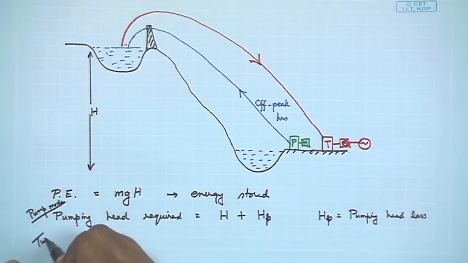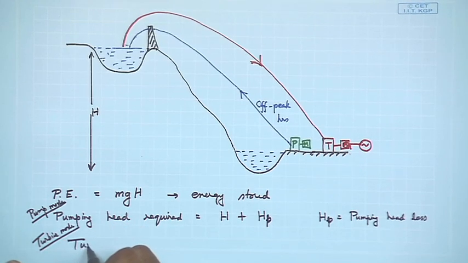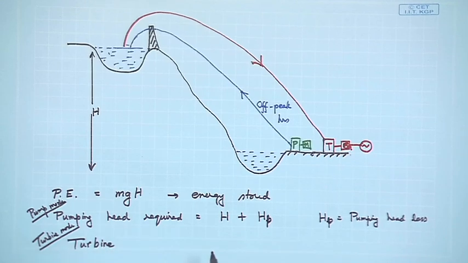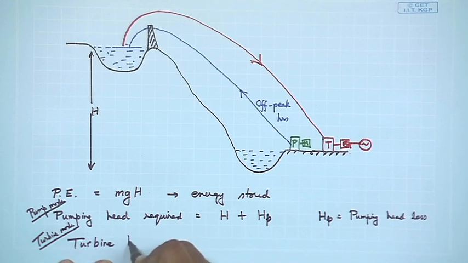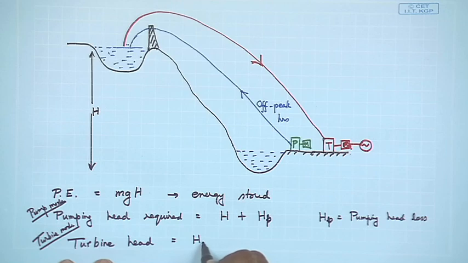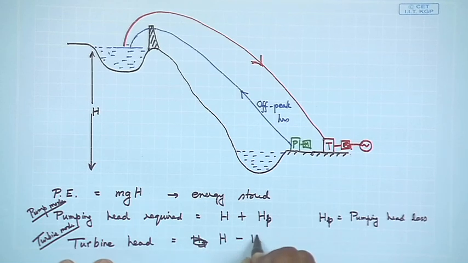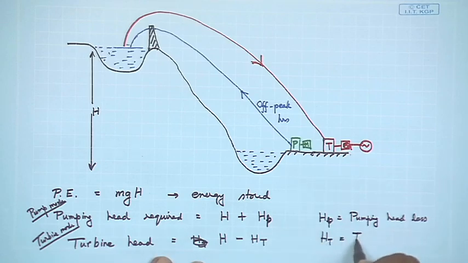In the turbine mode, what happens? The turbine will also have some loss. There is nothing like a perfectly efficient or 100% efficient turbine. So the turbine head is going to be H minus HT, where HT is the turbine head loss.